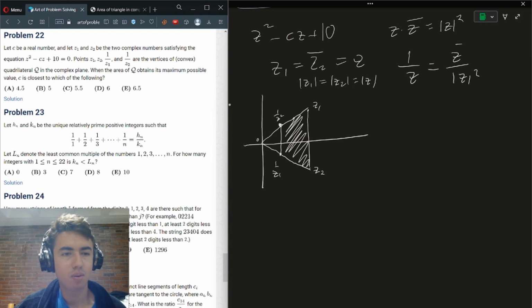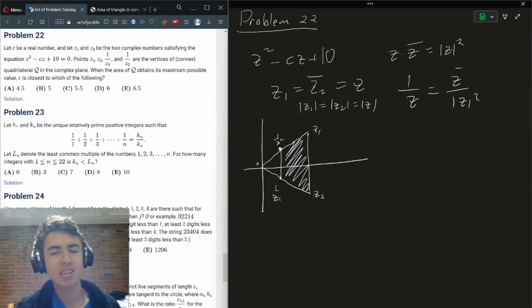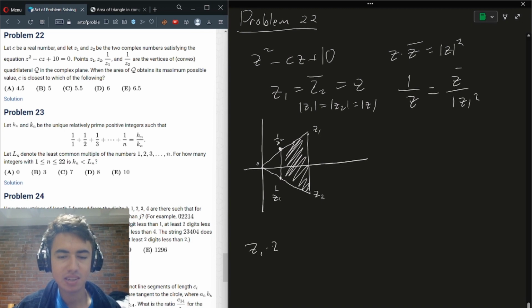But now, we still need more information, though. We do know that this is an isosceles triangle, but what are the constraints on like how big the sides can be? Well, this is where we use our quadratic equation. Using Vieta's formula, we know that the roots z1 times z2 is equal to 10, right?